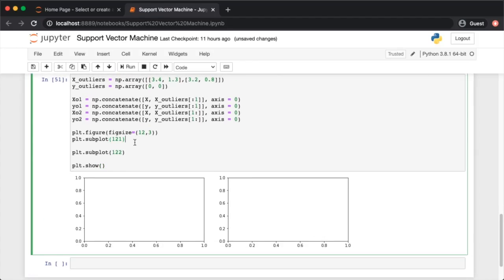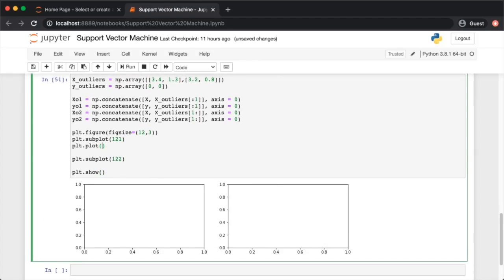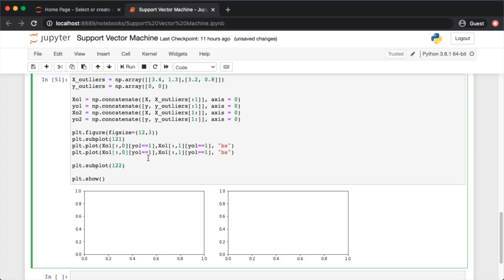Okay. In the first subplot, I'm going to plot x01 where y01 is 1, x01, so that's the first class in blue squares, and likewise the second class in yellow circles.